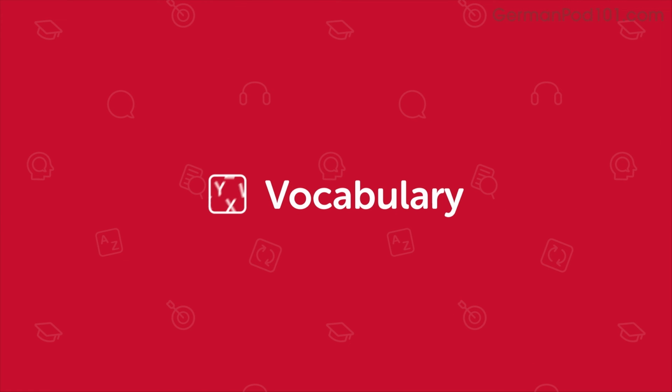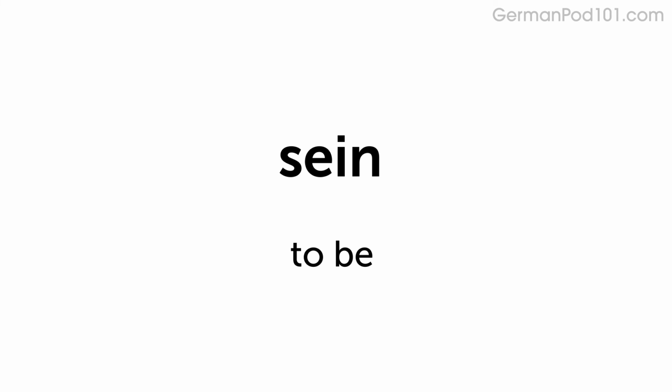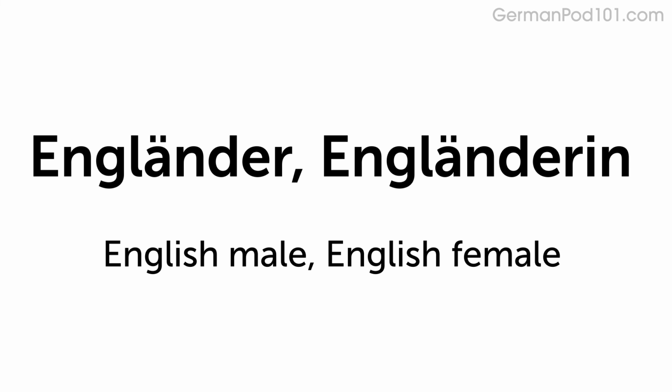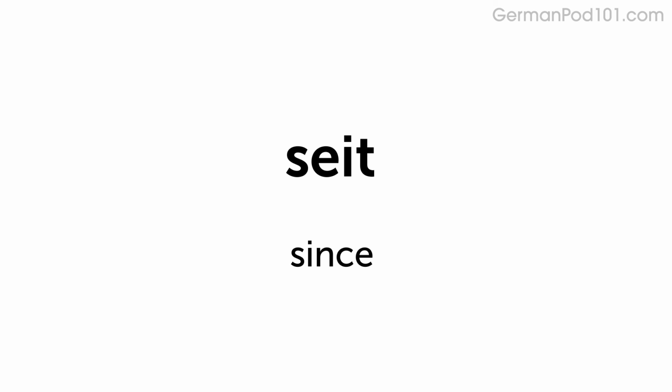Now you'll hear the key vocabulary, followed by the English translation. Aus. From. Out of. Sein. To be. Engländer. Engländerin. English male. English female. Woher? From where? Seit.